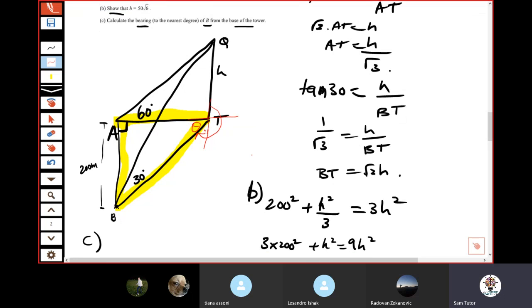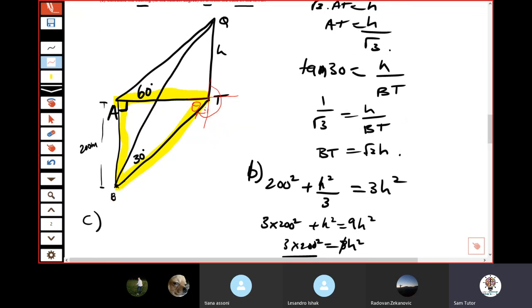To find that theta, there's a lot of ways. You now know what h is. So realistically, you could put h for AT, and I'm going to do that. So I'll just show it to you guys. I'll draw the triangles first. This was 200. This was AT, but AT is equal to h on root 3.